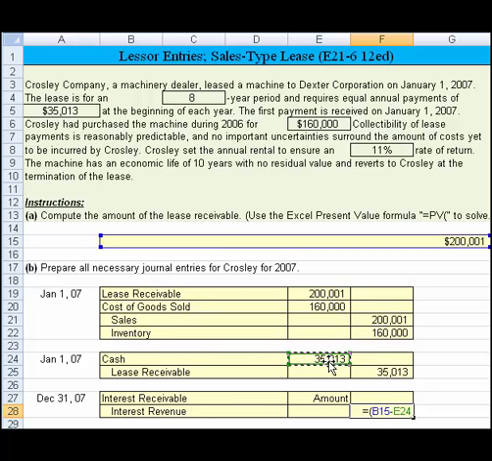So it reduces the present value of the lease to 200,000 less 35,000, and then we would multiply that times the annual rental rate of 11% and come up with what the interest revenue is that's built into the lease. And we need to record that as a receivable and the interest revenue. And that's all we need to do to take care of this particular problem. Thanks, everyone.